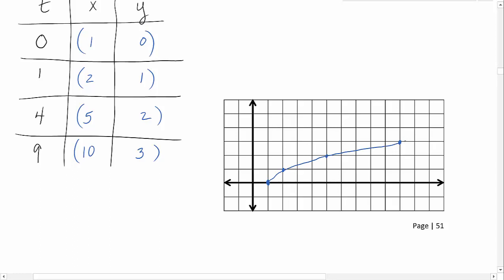Since t just has to be greater than or equal to 0, that means our graph is going to continue to extend, and we're going to just put an arrow on it. And lastly, we need our orientation arrows. We started here at 1, 0 and proceeded to the right.